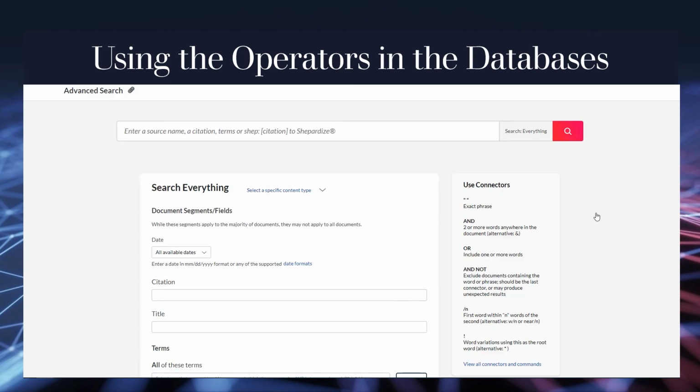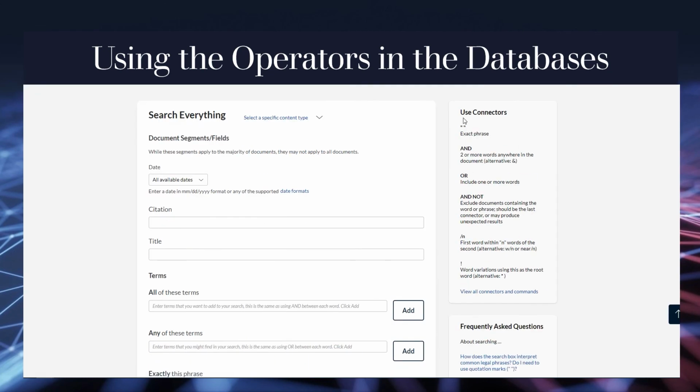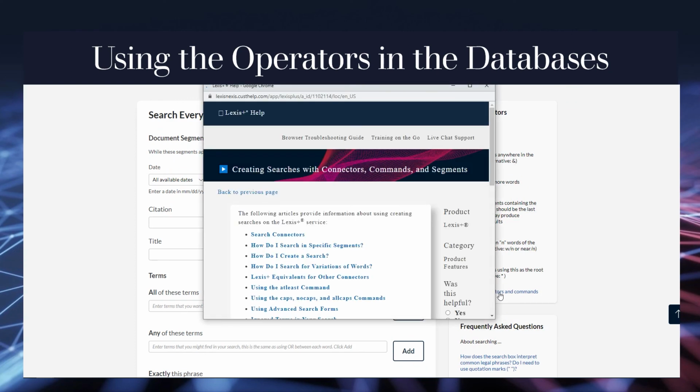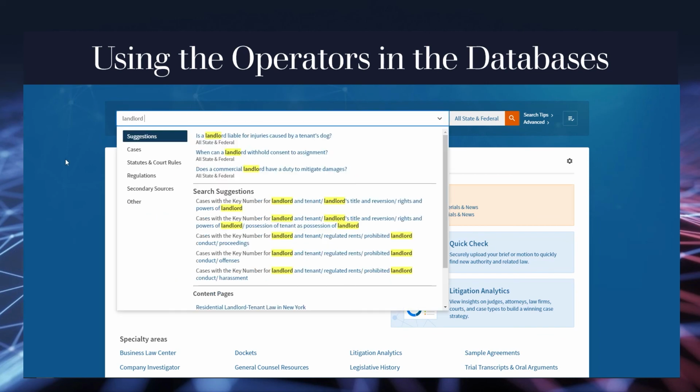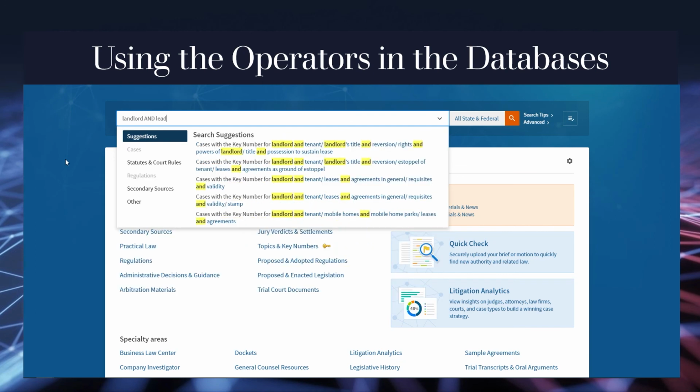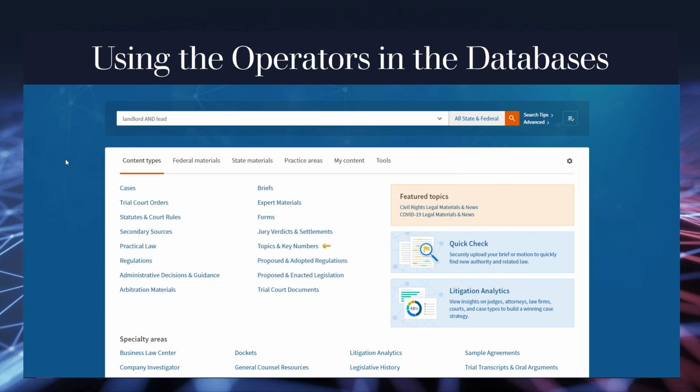The right-hand panel will discuss some of the common operators, and it has a link to documentation of all of the operators. Westlaw will not recognize a search as a terms and connectors search if you only use AND or OR in the default search bar, though it will recognize other operators. If you're just using those operators, you will first need to click Advanced Search.